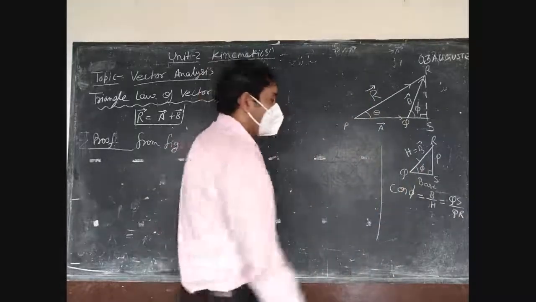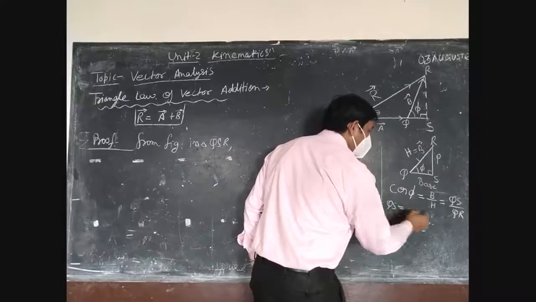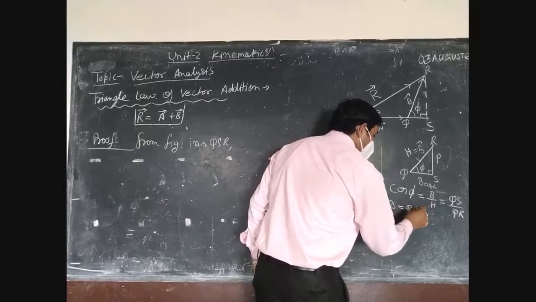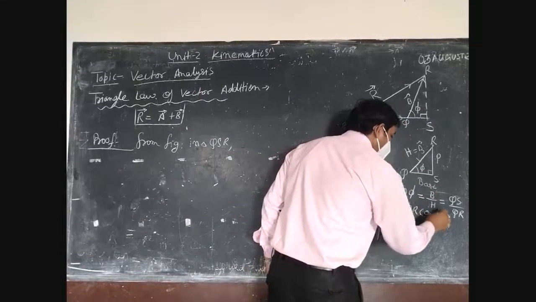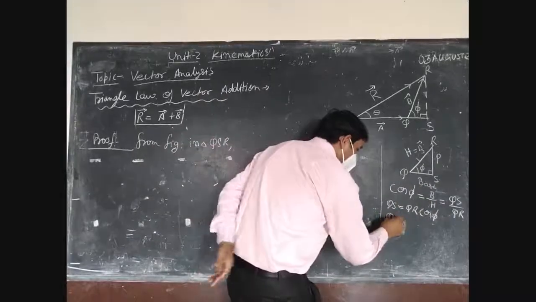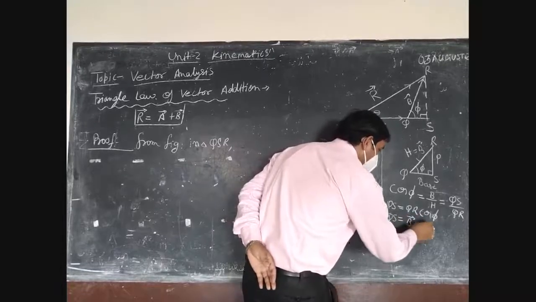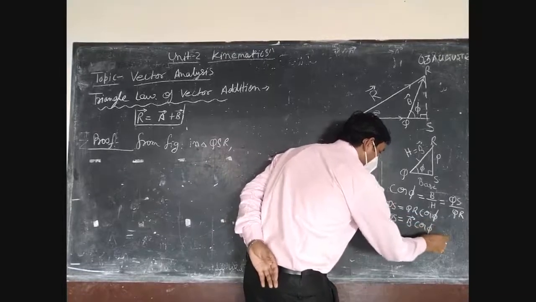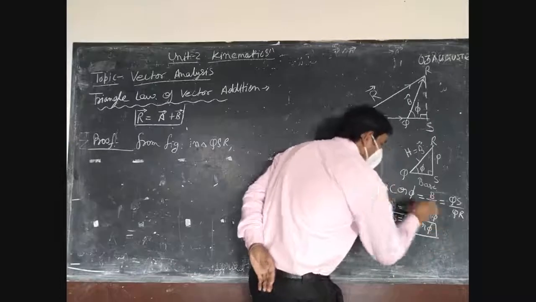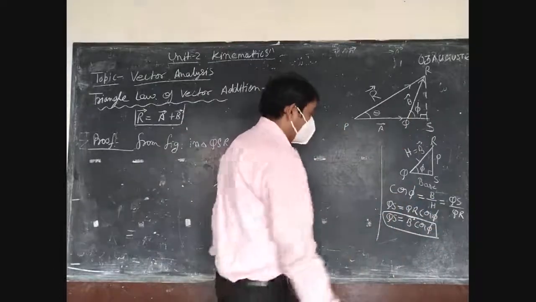Okay, now you calculate from here that QS is equal to QR cos phi. Clear to all? Now this QS is equal to vector B cos phi. This is the value of QS in terms of vector B.